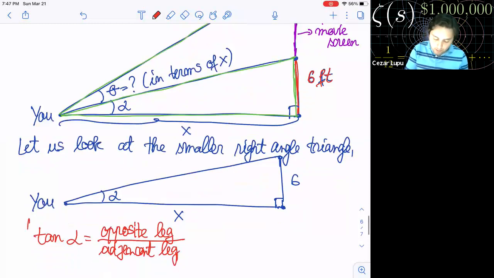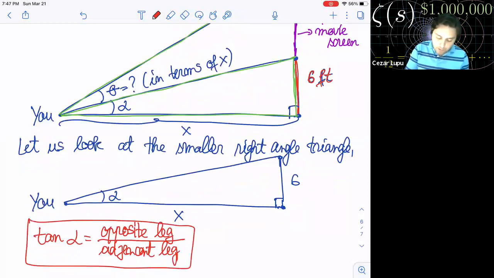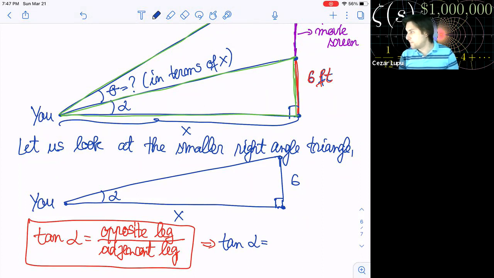So that's what you need to know. Beautiful. In our case, it will imply what? That tangent of alpha is what? Which one is the opposite leg in our case? Is 6 over x. Great.